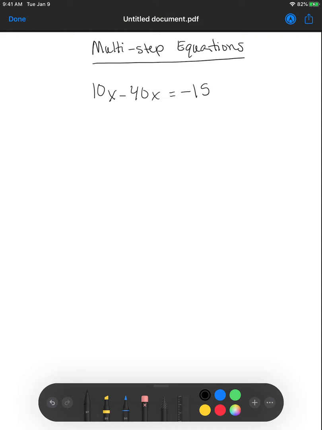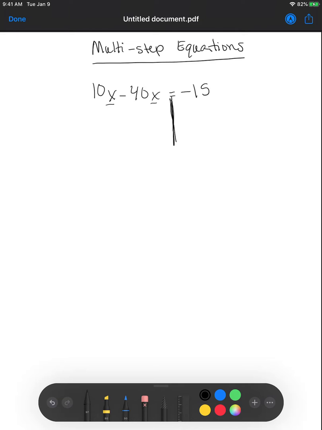So our goal is to get all the x's on one side of the equal sign and all the numbers on the other side of the equal sign. Since the x's are on this side, we're just going to try to isolate the x on this side. And since these have the same variable, we can combine them.